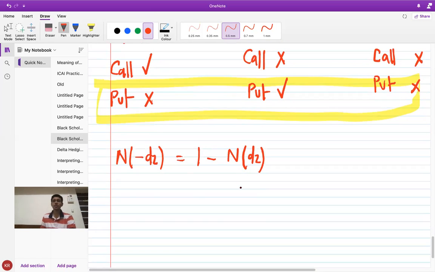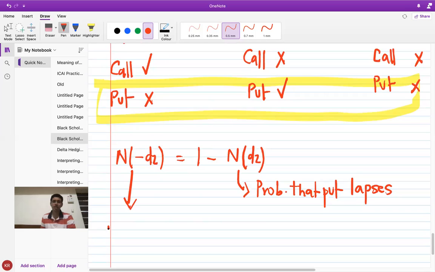N(d2) refers to the probability that put lapses. N(-d2) refers to the probability that put option gets exercised.